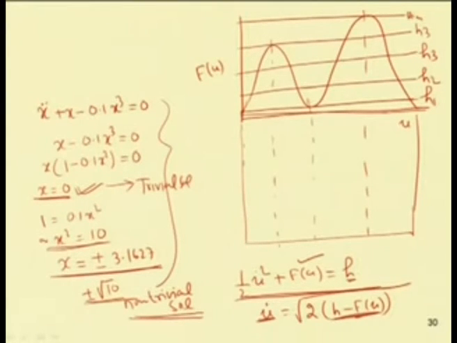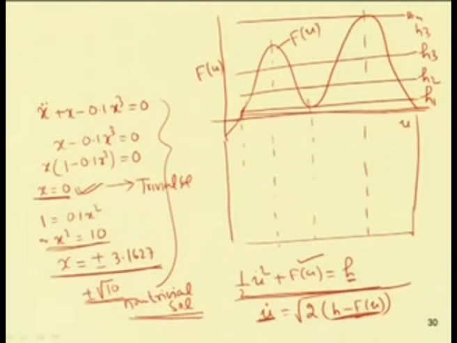So, for example, when you are taking H1, let me extend this part. In this case this H1 is greater than this Fu, this is the potential function. So, for this region you can have two values of u dot.